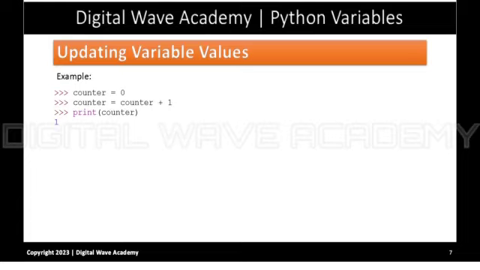Variables play a crucial role in programming as they allow us to store and manipulate data. By understanding variables, you've taken the first step towards becoming a proficient Python programmer. Feel free to practice and explore more on your own.